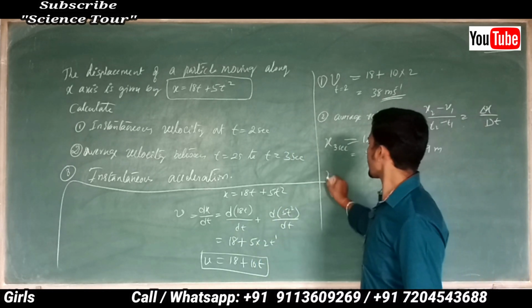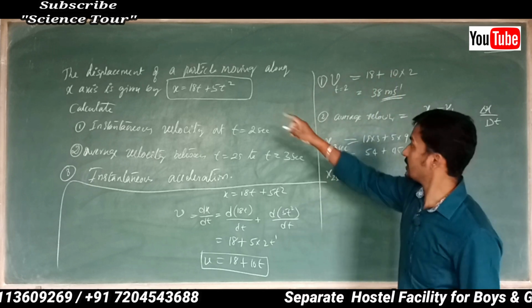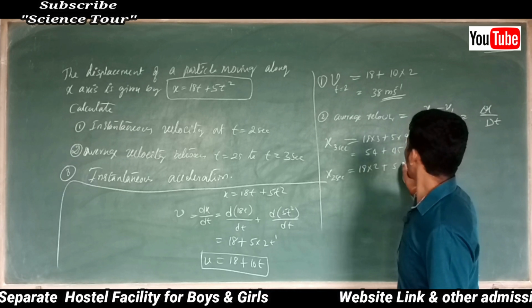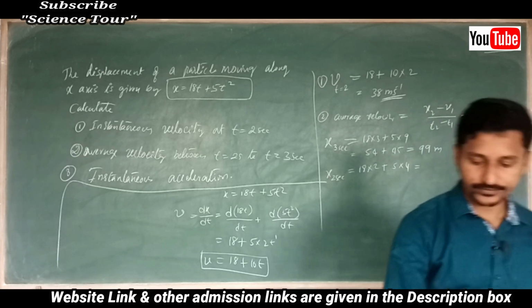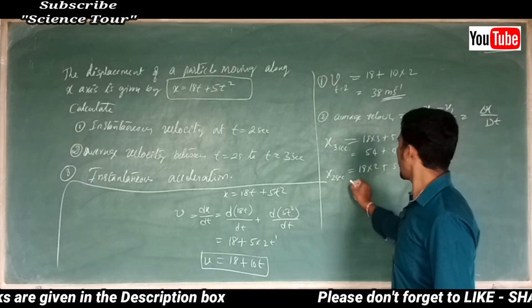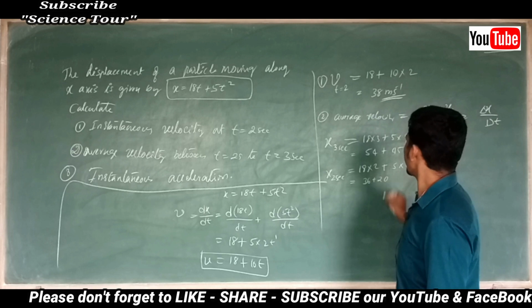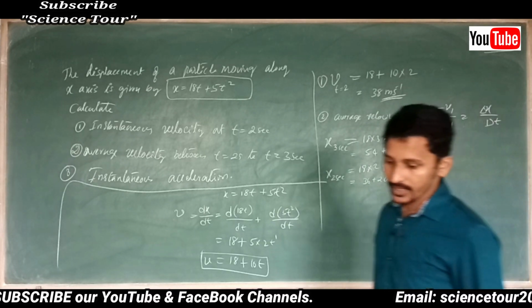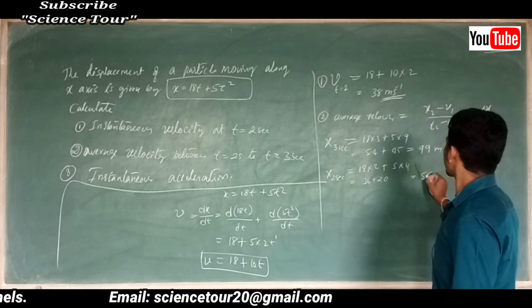Next, x at 2 seconds, that is nothing but 18 into 2 plus 5 into 4. What you are going to get? 18 twos are 36 plus 20, 56 you are going to get.